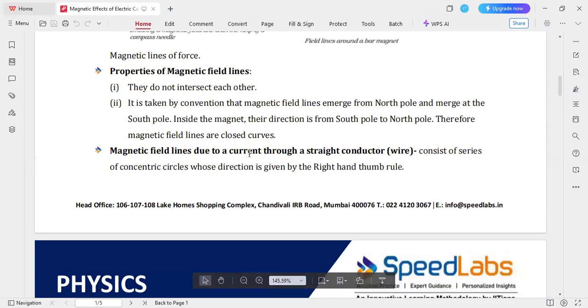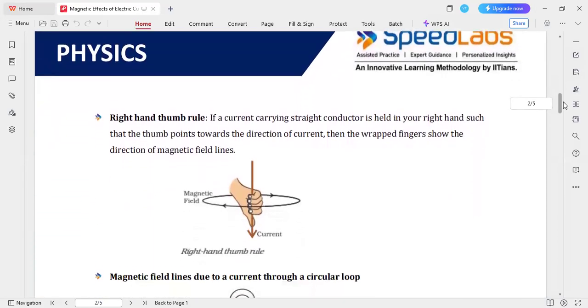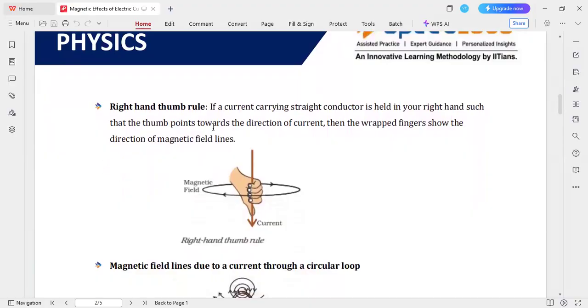Magnetic field lines due to a current through a straight conductor wire consist of a series of concentric lines whose direction is given by the right hand thumb rule. The right hand thumb rule states that if a current carrying straight conductor is held in your right hand such that the thumb points towards the direction of current, then the wrapped fingers show the direction of magnetic field lines.